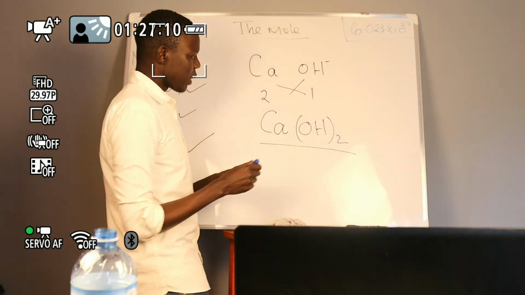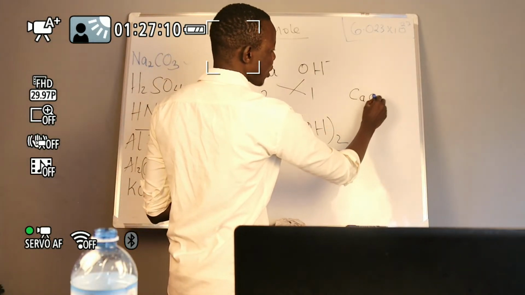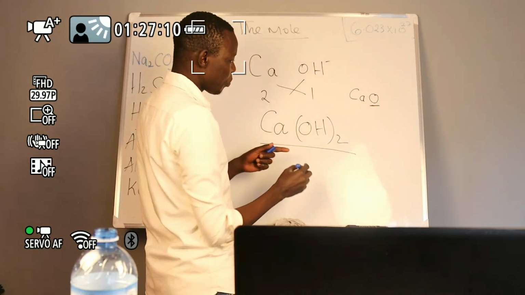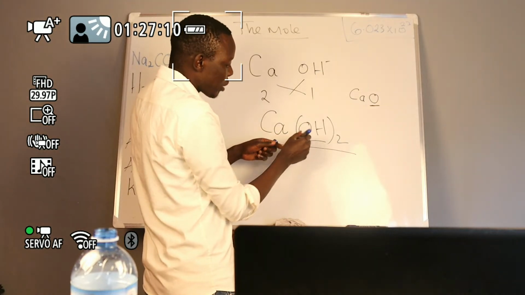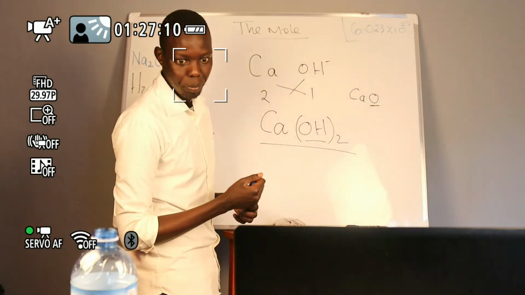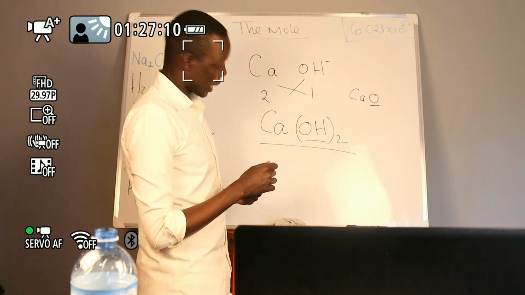You see, the same way you can write calcium oxide. So now this one, which is an element, now in this case, the OH is reacting as a unit on its own with a unit charge.